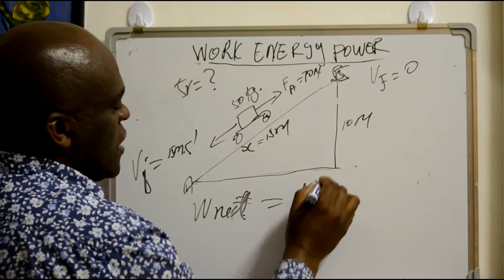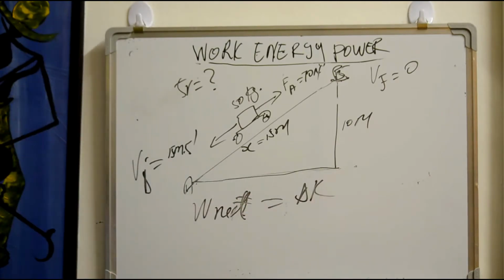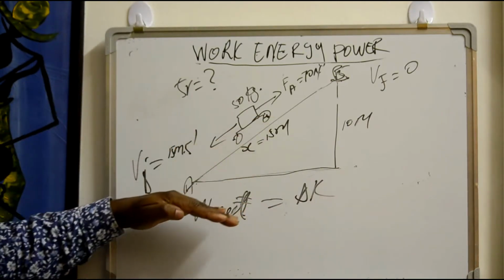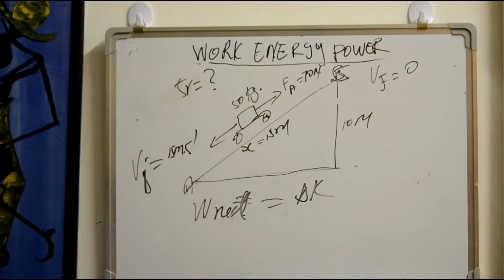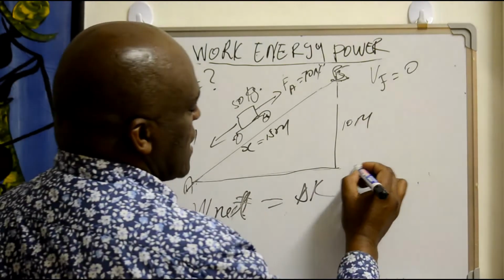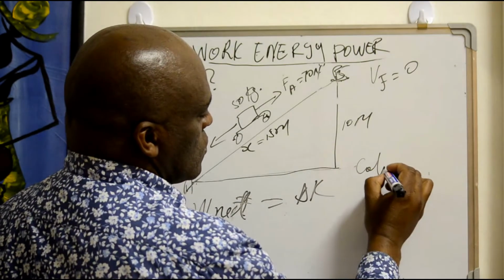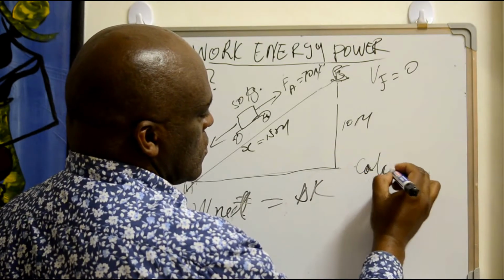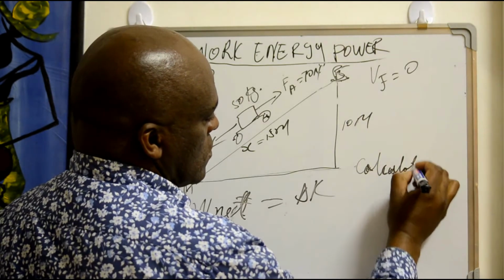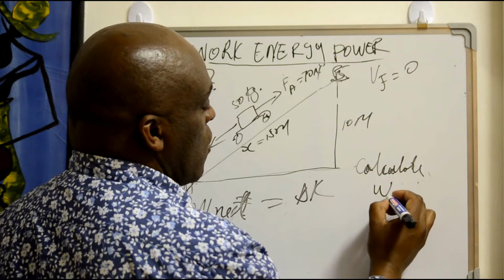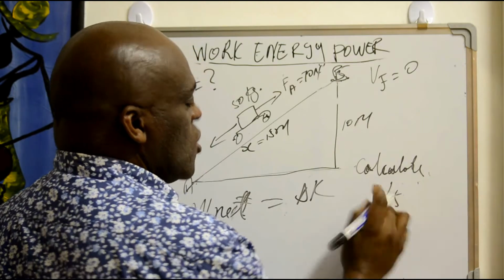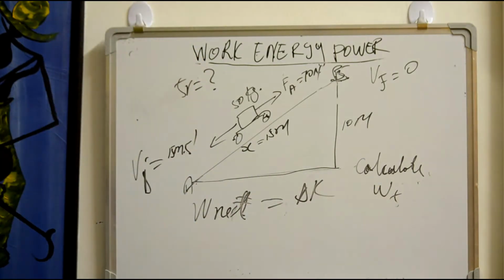It's equal to the change in kinetic energy. But you ask yourself how many forces are acting on this particular object. Friction is an unknown. They say calculate the work done by the friction.